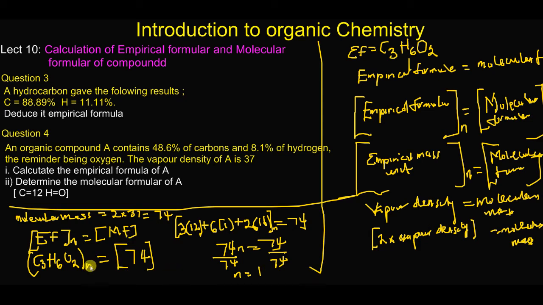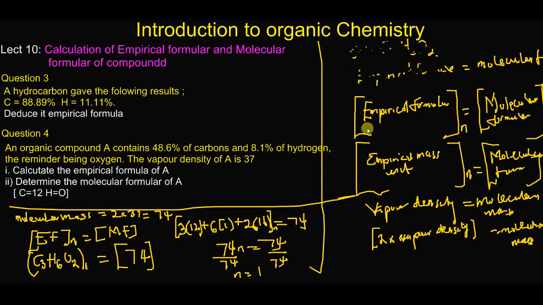If you remove the bracket and multiply by 1, then 1 times 3 is the same, 1 times 6 is the same, and 1 times 2 is the same. So that becomes automatically equal to the molecular formula. So this is how to determine the molecular formula of a compound.